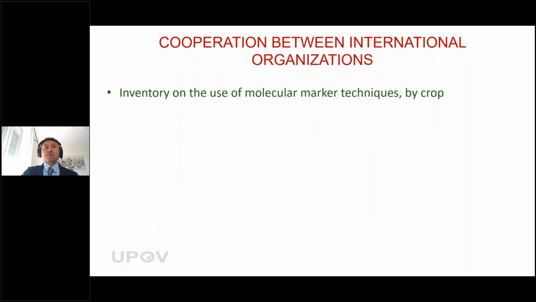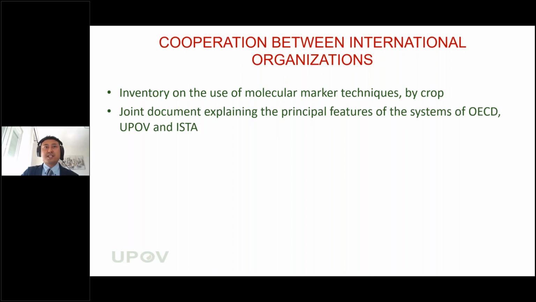In relation to the cooperation between the international organizations, we have conducted a survey of methods as the basis to develop an inventory on the use of molecular marker techniques by crop, in coordination with OECD and the BMT.